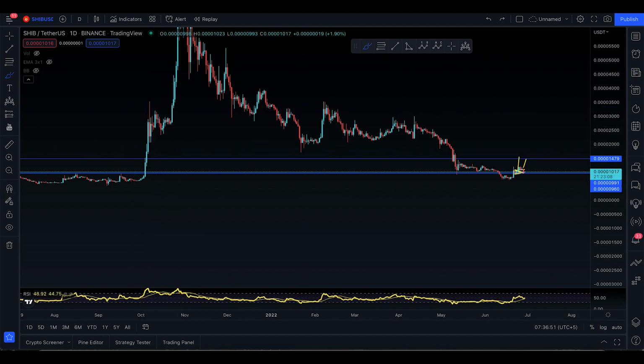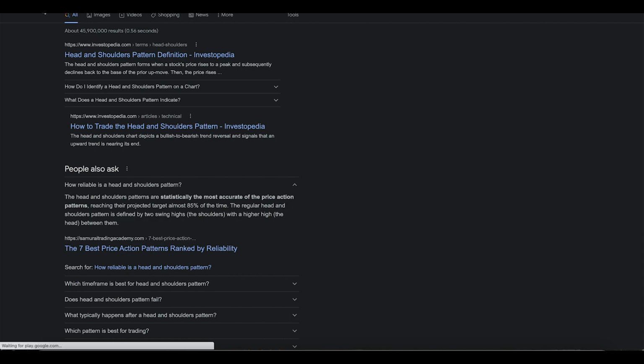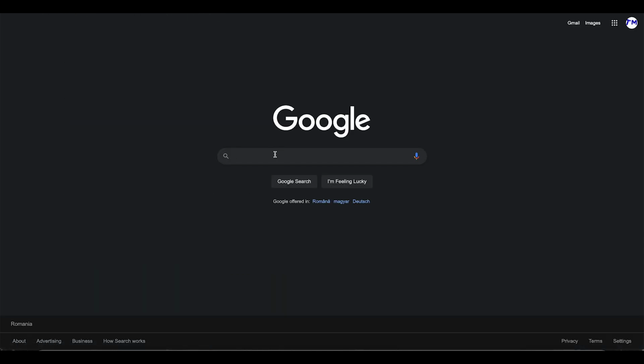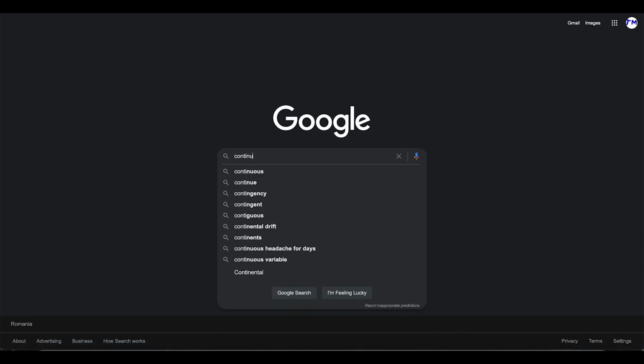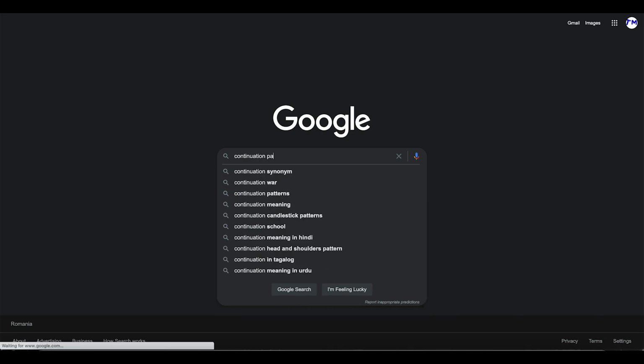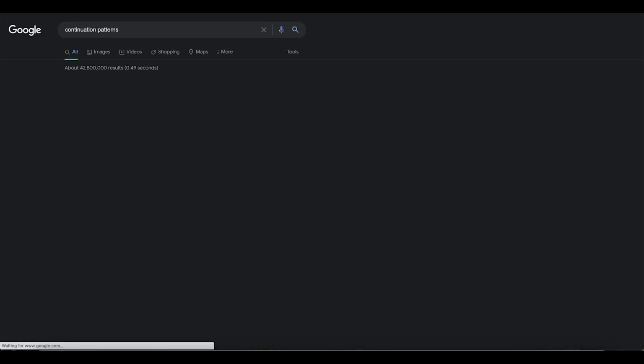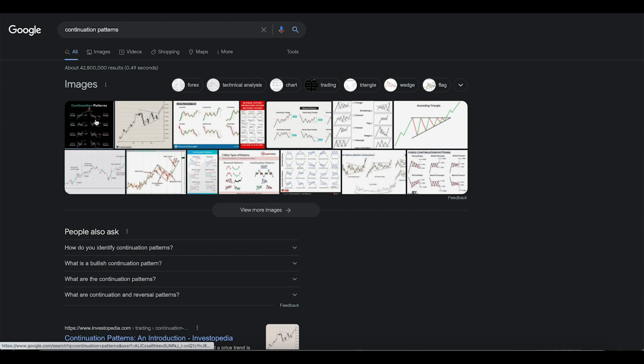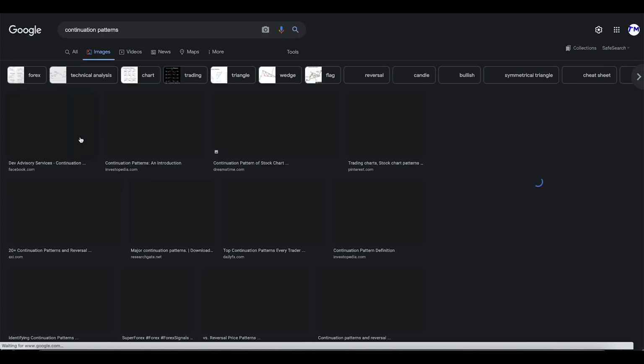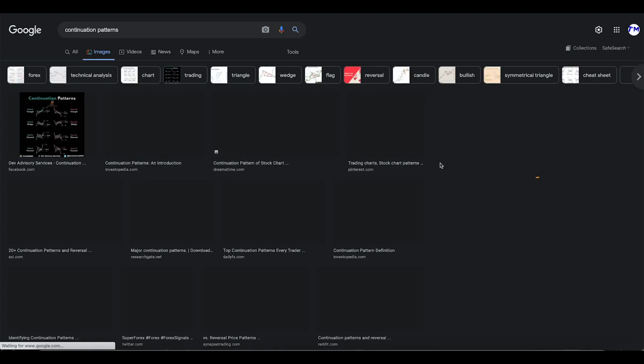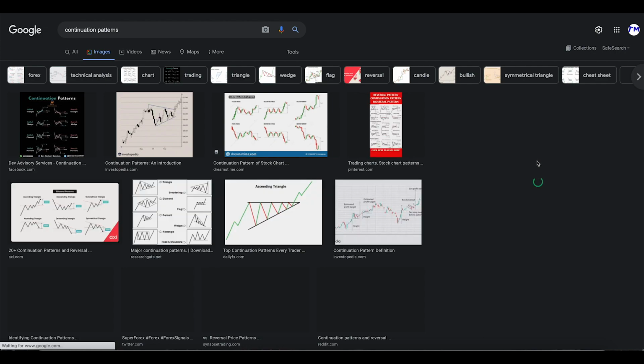Let's talk about continuation patterns, right? Go to Google and search for continuation patterns. This is what I want you to look at. I'm going to open the first image we see, and this image will help us understand where this market is moving right now.